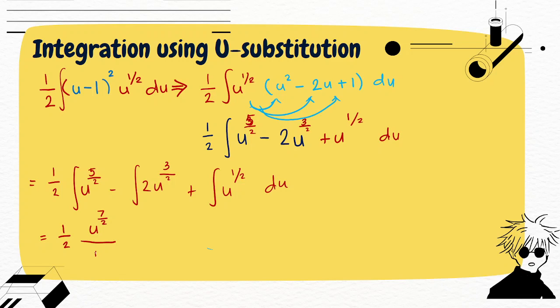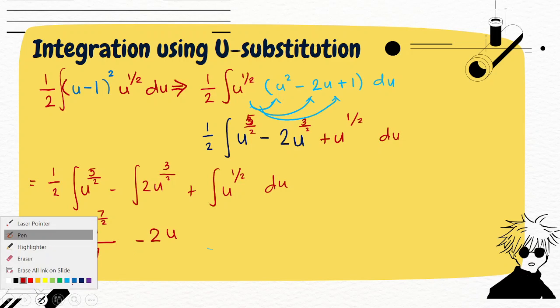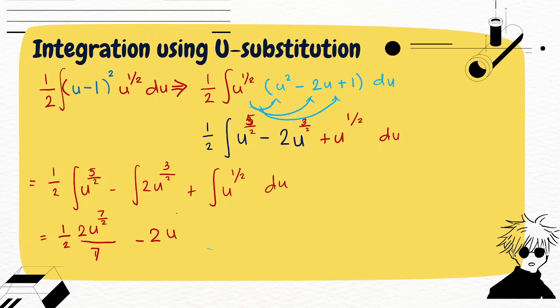So, 7 yung nandito sa ilalim, 2 yung nandito sa labas. Tama ba? 7 over 2. Tama. Minus, labas ko si 2, u times 3 over 2 plus 1, that is equal to 5 over 2.